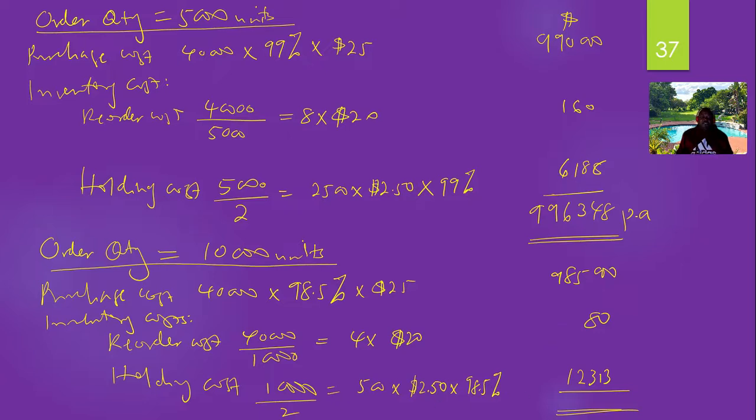Let me just try to cross check this last value here. Let me just try to punch my calculator again. This is 5,000, not 500. Okay, that's 5,000 multiplied by 250 multiplied by 98.5.